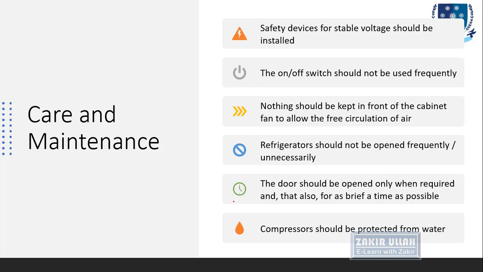Safety devices or alternative devices for stable voltage should be installed. For example, in an area where there are electric problems and load shedding, other kinds of devices should also be installed for stable voltage.